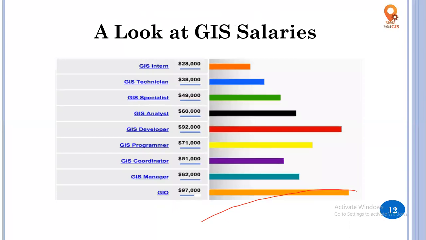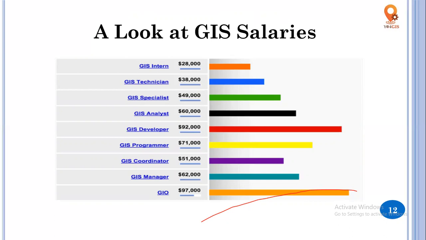And here is a graph, and this screen I have taken from Google. So here you can see the salary criteria they have mentioned. So the GIS developer, GIS programmer, if you see the salary of these people, and even I'm not asking you to rely on this figure.